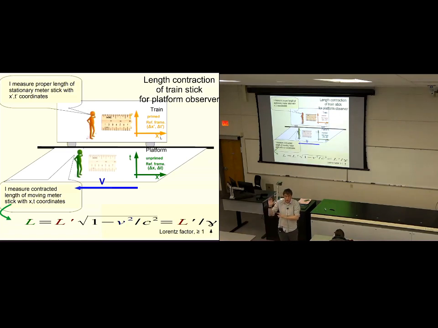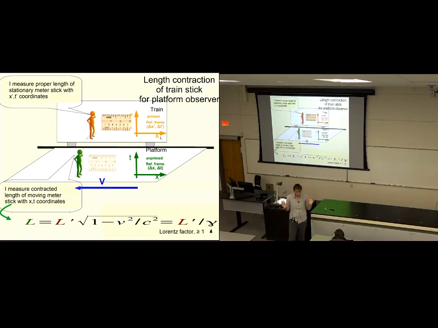The same is true here. The train observer sees the station meter stick as contracted. The station observer sees the train meter stick as contracted. They're both seeing the other's meter stick get contracted. They see their own meter sticks as having the proper length. And so that's length contraction.